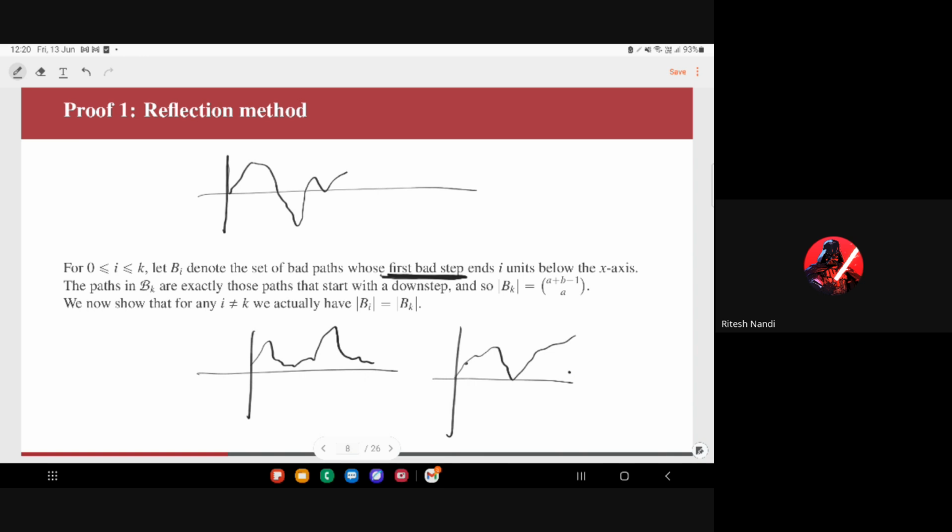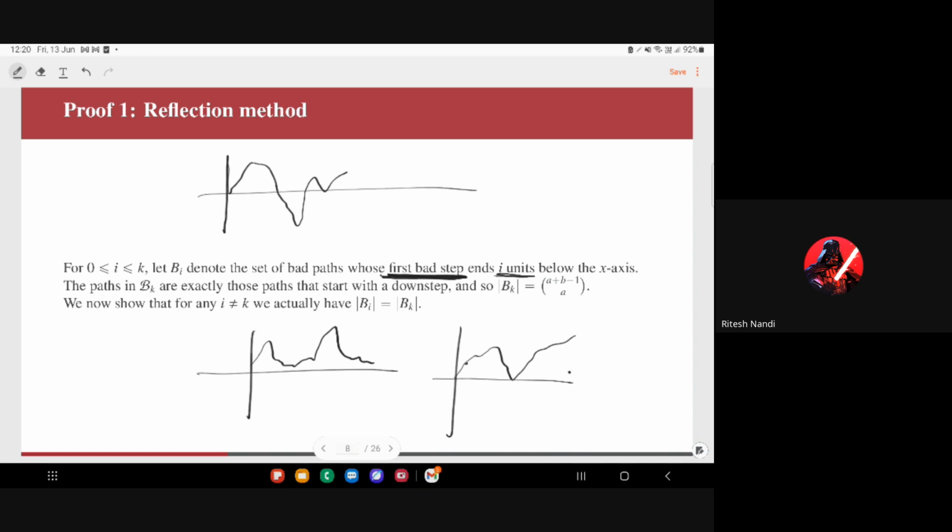It is the first bad step that ends i units below the x-axis. Now, the B_i are disjoint. You can see that clearly, right? The first bad step cannot end at both i and j units below the x-axis for i not equal to j.